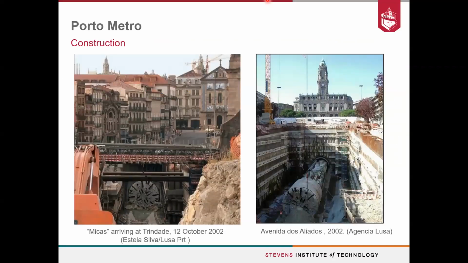I'm going to go quickly here, but I just wanted to show you a view of the actual machine that drilled the tunnel. On the left, you have the view of the TBM arriving at Trindade, which is at the heart of the old city of Porto. On the right, you see the TBM arriving at Aliados Station, which was built by cut and cover. And you can see the TBM here.